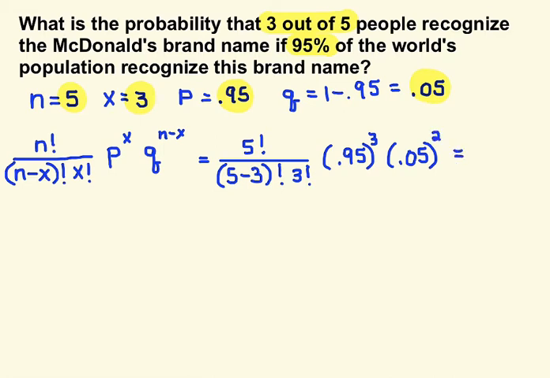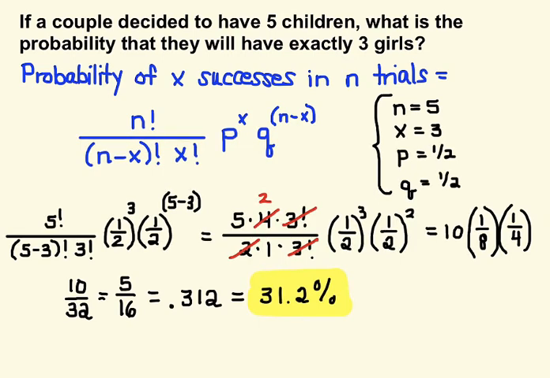Now, you may notice that this front piece here is identical to our previous problem. In fact, it's identical to this, which we already calculated. As a matter of fact, we calculated it to equal 10. So rather than go through all that process again, I'm going to put a 10 in there.